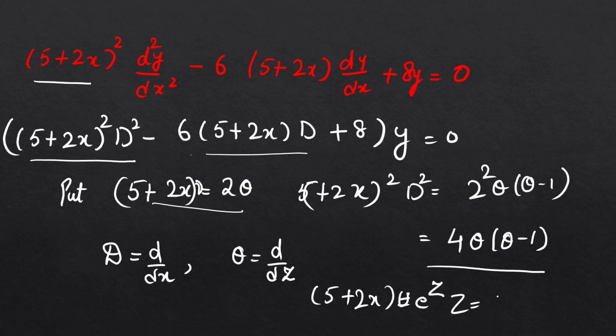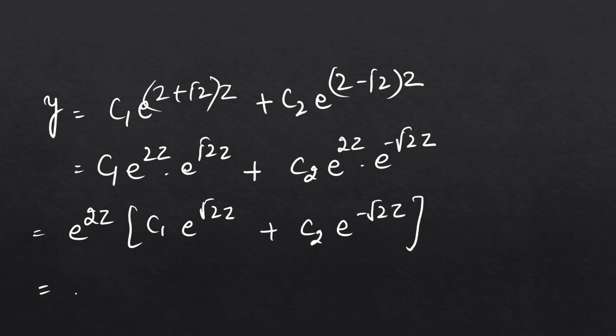So z can be taken as log of 5 plus 2x. This method was already explained in the last video, where we take a plus bx equal to z. Similarly, here in place of a plus bx, we have 5 plus 2x, so we put that value equal to z.